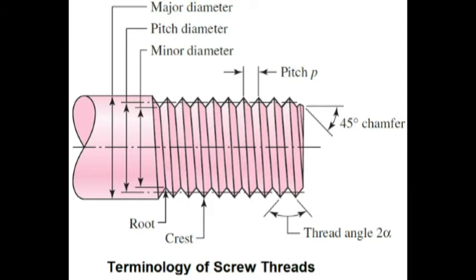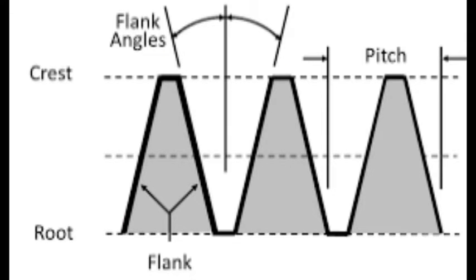And next one is the flank angle. The angle made by the flank of a thread with the perpendicular to the thread axis is called flank angle, and it is equal to half the thread angle. And now, lead angle.